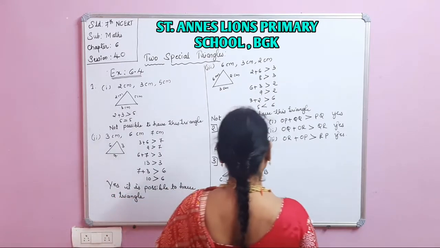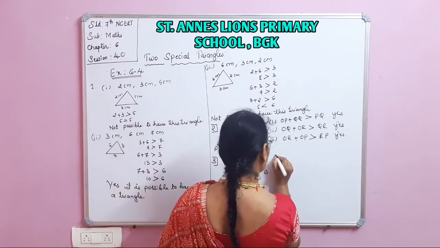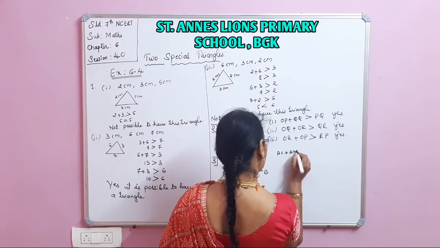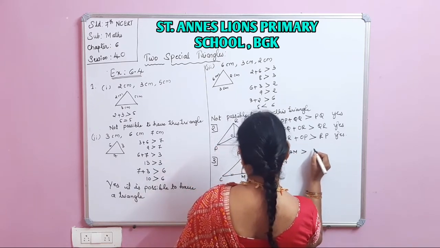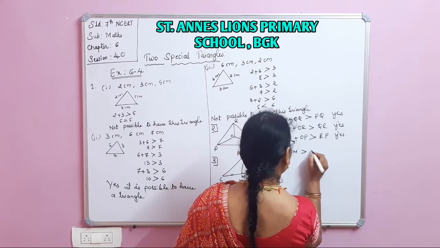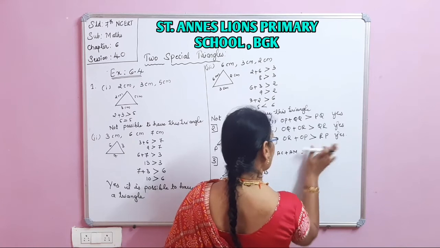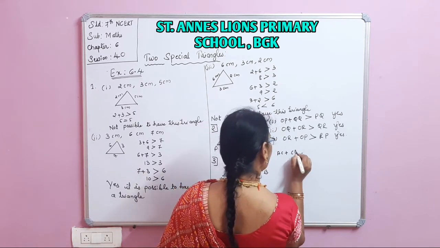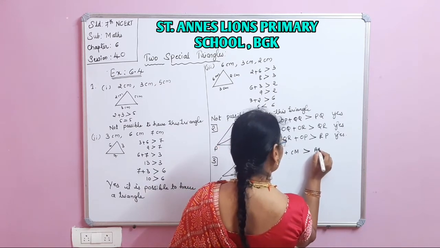How to solve it in the triangle? See, AC plus CM is greater than AM.